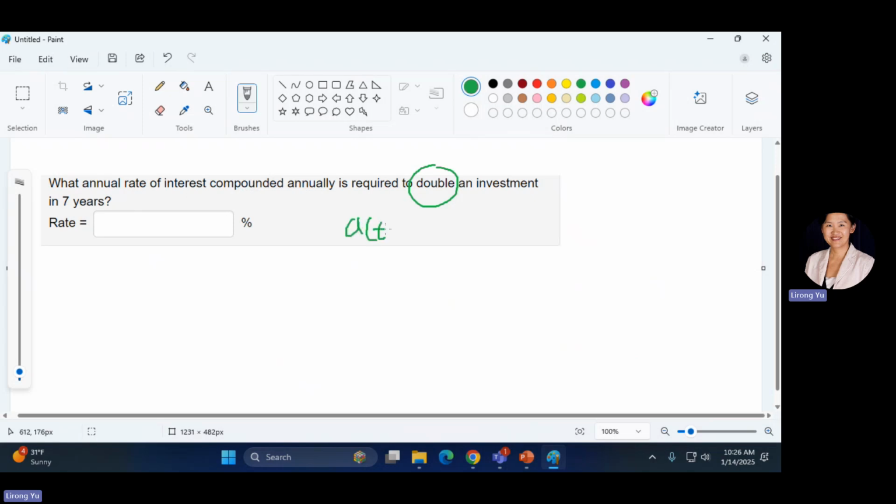We don't know how much money we have originally. If you originally have $1, now you have $2 in 7 years. So at time 0, you have $1. At time 7, you have $2. And then it's just compound interest. Compound interest is 1 plus I to the power t. That's the compound interest model. We just need to find out the I.